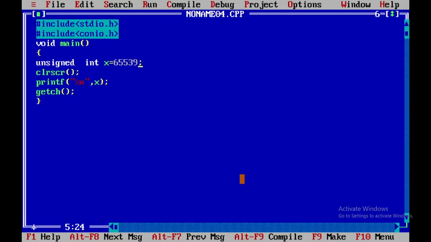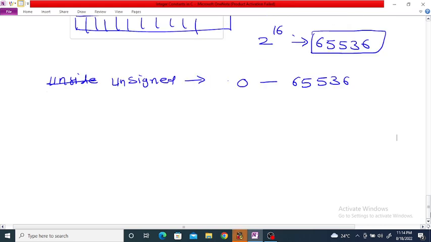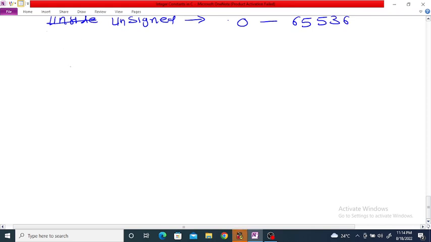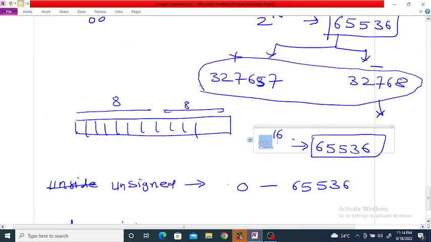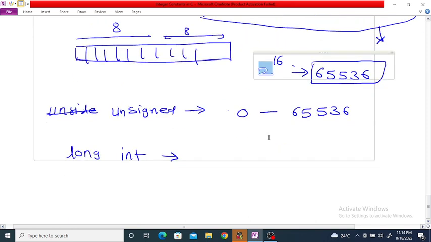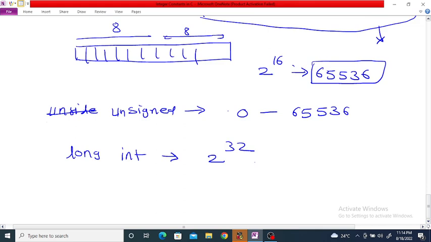So again you can expand this integer memory by using the keyword long, long integer. For a regular integer it is 2 raised to 16, and for a long integer it is 2 raised to 32 minus 1.